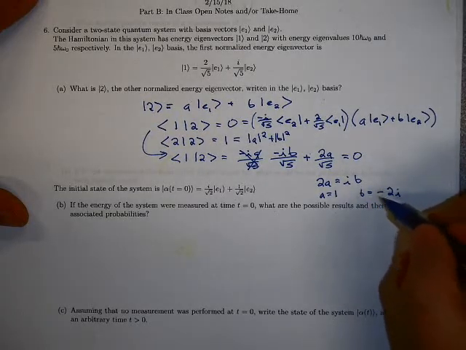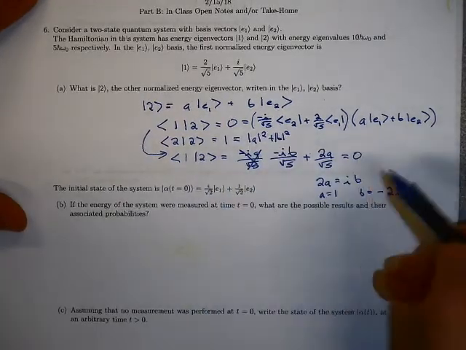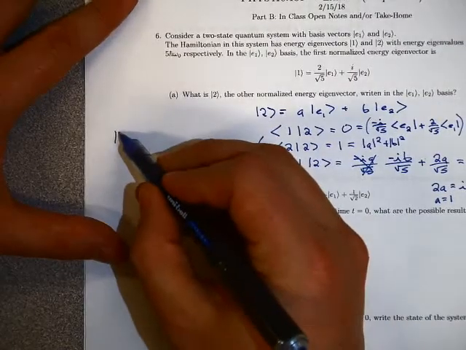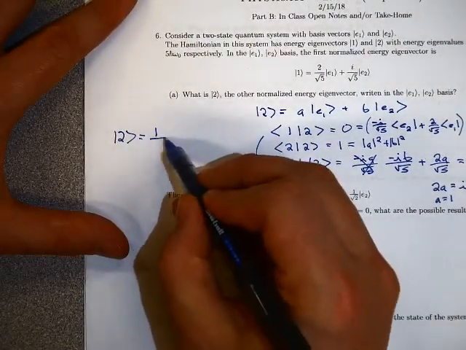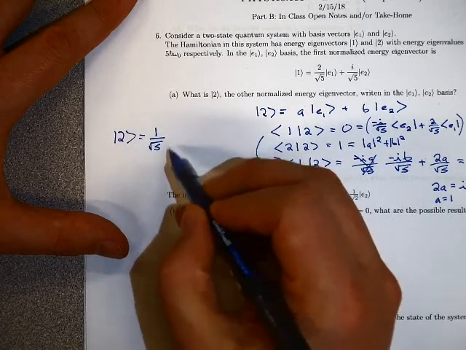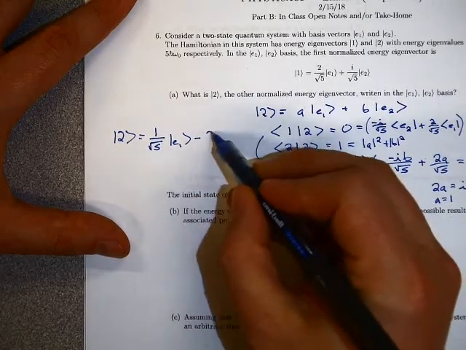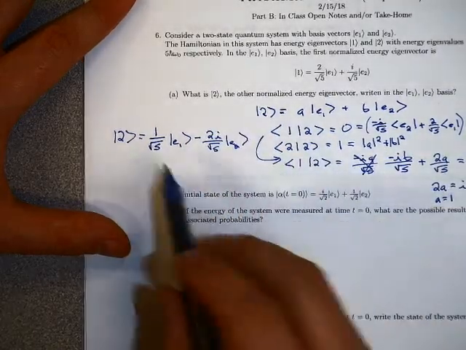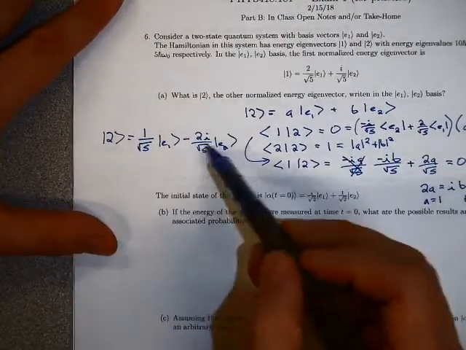And then we need to normalize this, so I think we'll need |2> to be equal to 1 over root 5 E1 minus 2i over root 5 E2. All right, if we did that right, then the inner product of |2> and |1> should be 0, and we've normalized.